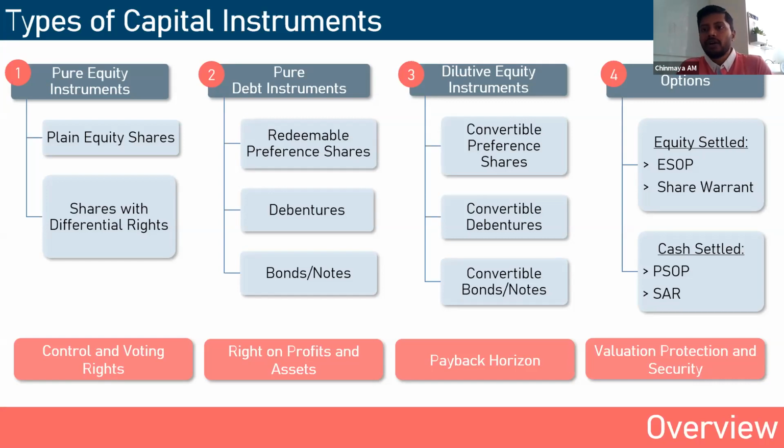Then there are the options. One is equity settled options. That means any option which leads to an equity share being allotted: ESOP is one, and share warrants. And the other category is cash settled options, where we don't give equity, but cash will be provided to whoever exercises the options, which is phantom stocks or stock appreciation rights.